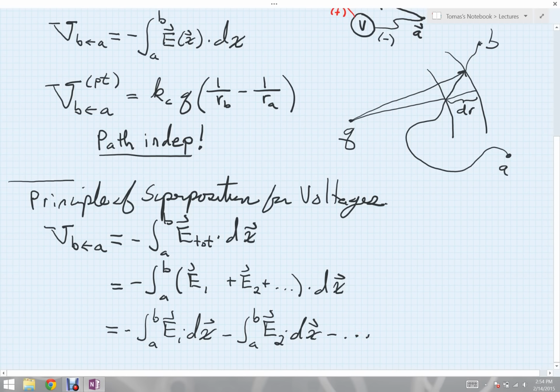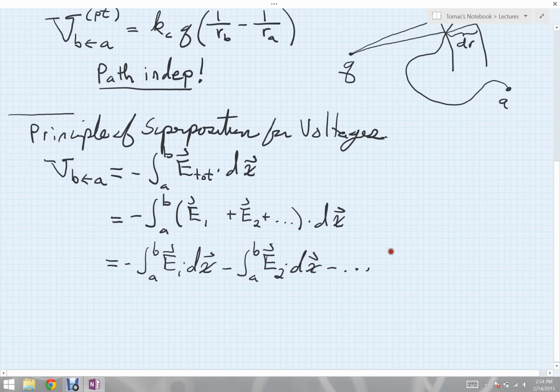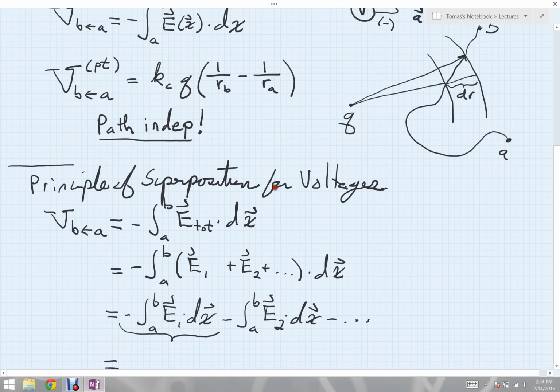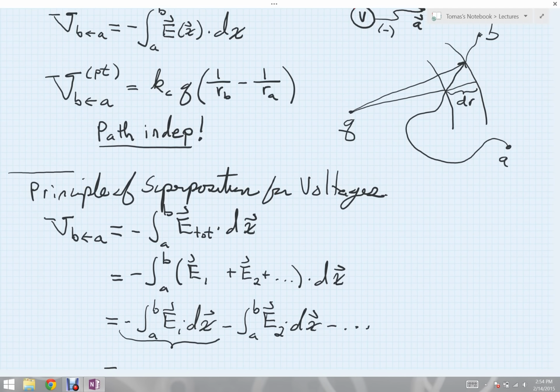Now the magic comes in. Here, I'll just slide this up a little bit. The magic comes in because we can recognize that this integral here is the very definition of the potential, the voltage, associated with whatever this first charge distribution is. It's just the integral of E1 dot dx.